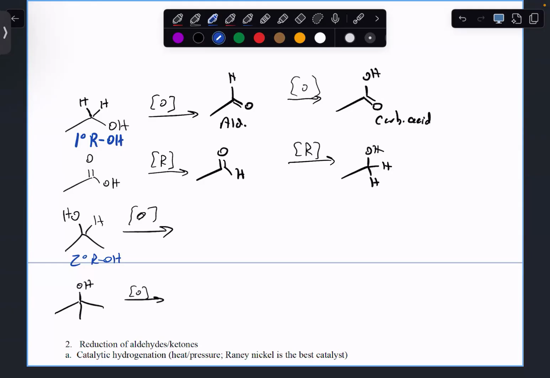So if I oxidize a secondary alcohol, we're going to lose that hydrogen and generate a ketone.